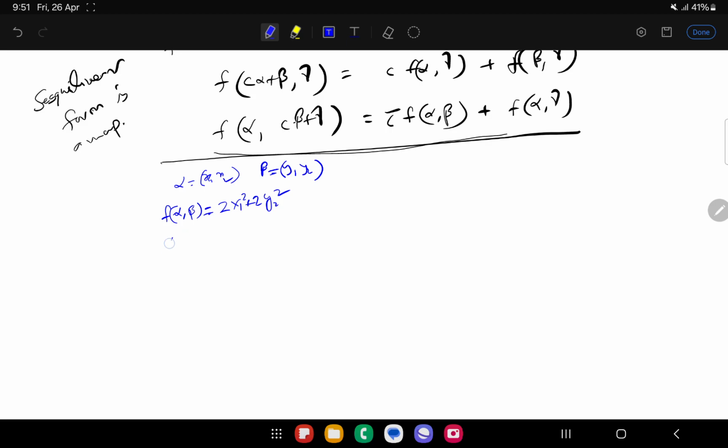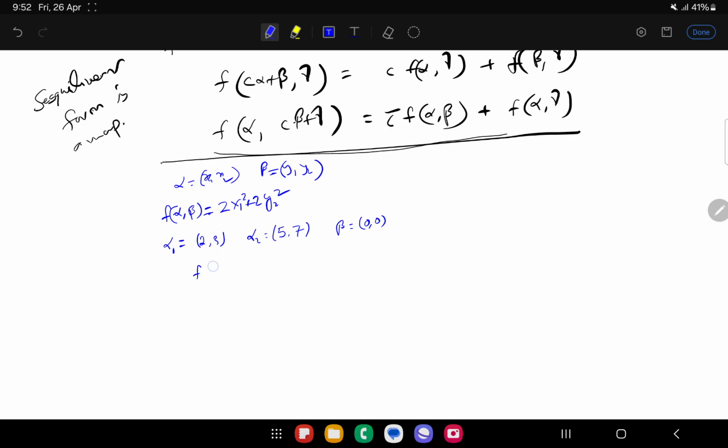Take alpha 1 is equal to (2, 3), alpha 2 is equal to maybe (5, 7), beta is equal to (0, 0). Okay, so let's see in the first coordinate what is happening.